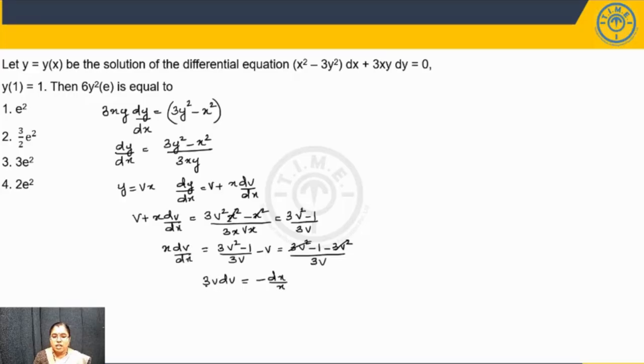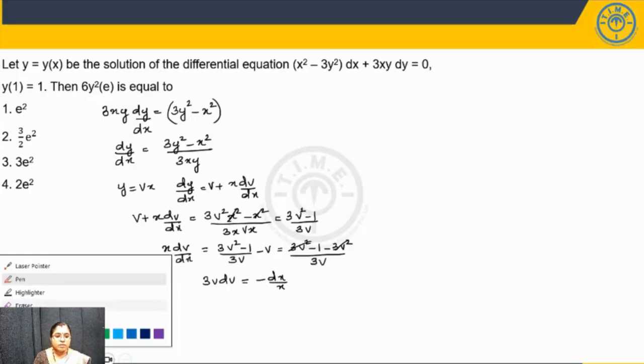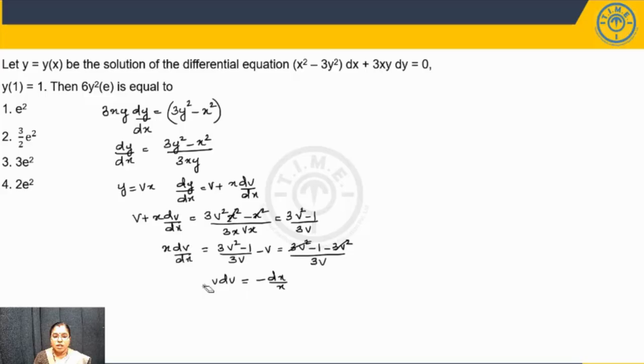So instead, let me keep this 3 on the right hand side itself. So that will get v dv equal to, let me just correct it. So that will get 3 v dv is equal to minus 1 by x dx.